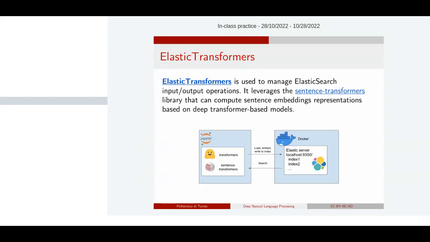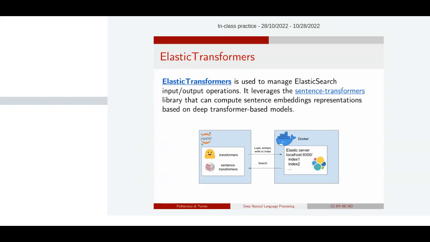Just a quick mention of another library, Elastic Transformers. You won't use it in the lab if you don't want to, but it's a binder that allows you to define the input-output operations for creating dense vectors.